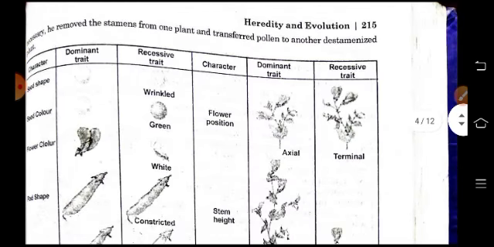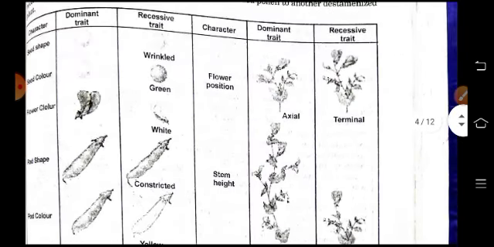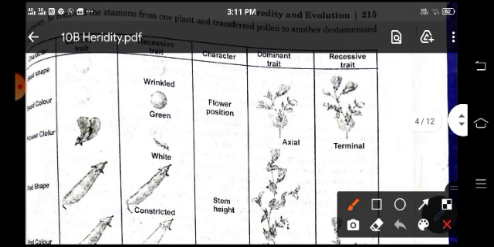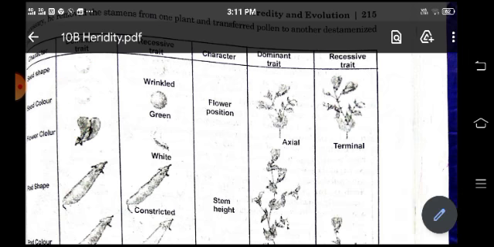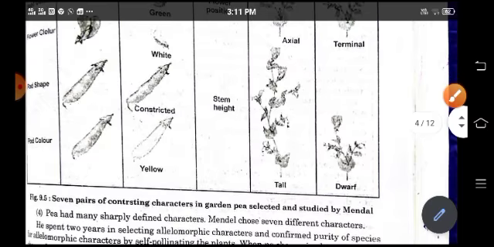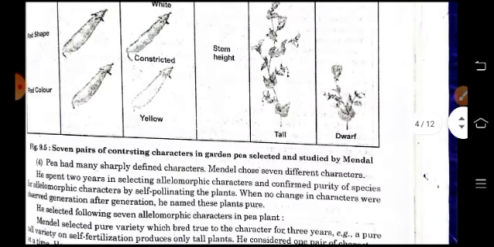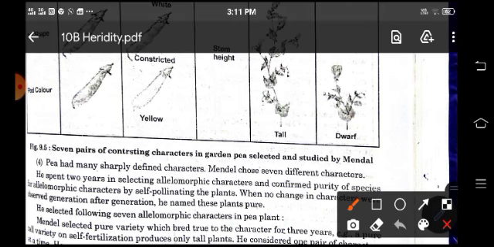He observed 7 characters in a plant. He took seed shape, seed color, flower color, pod shape, pod color. So 7 pairs of contrasting characters were taken by Mendel for study.